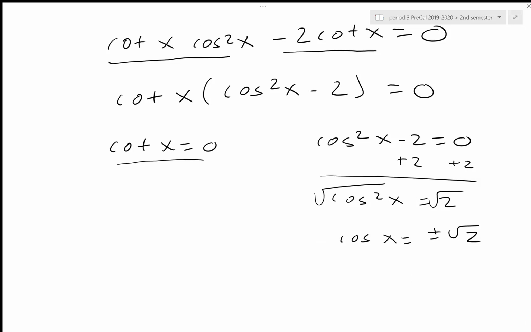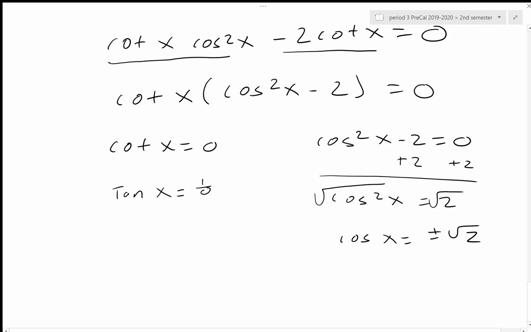Now, just so that you guys remember this, cotangent is really the reciprocal of tangent. Okay? So, if the reciprocal of tangent, of cotangent is tangent, what's the reciprocal of 0? The reciprocal of 0 would be 1 over 0.